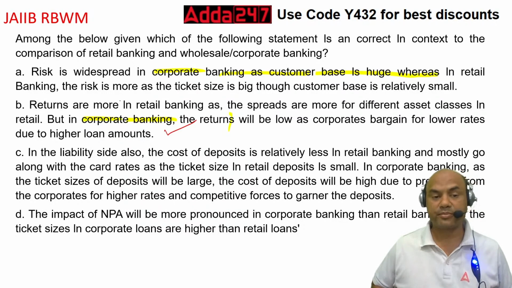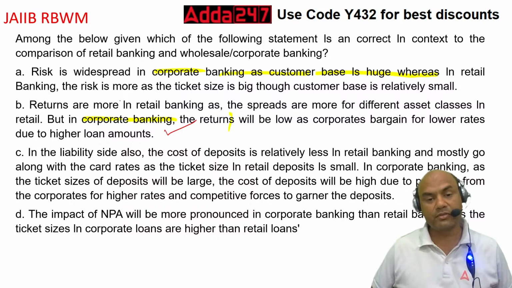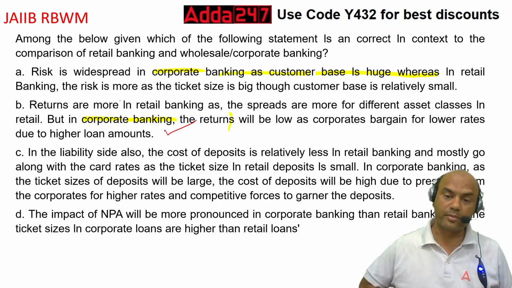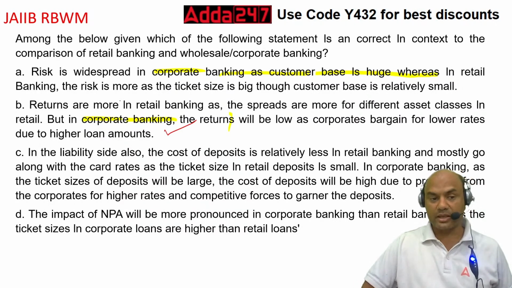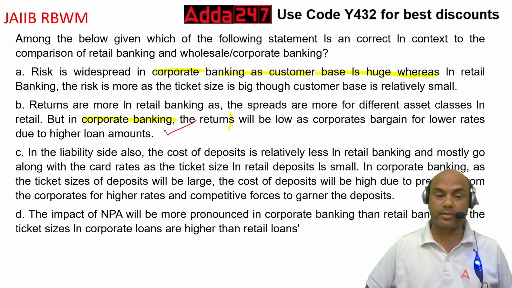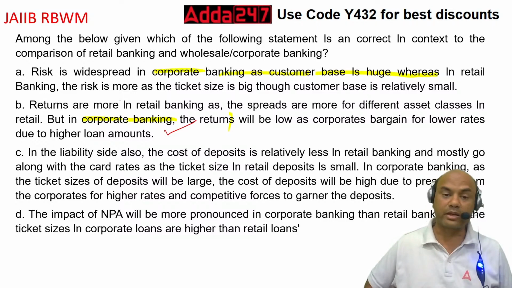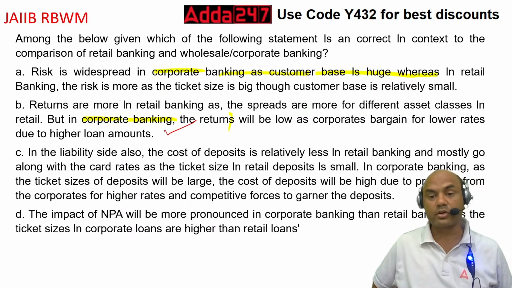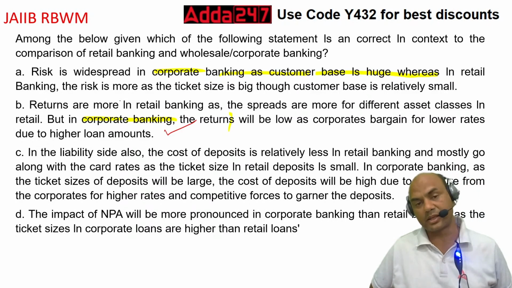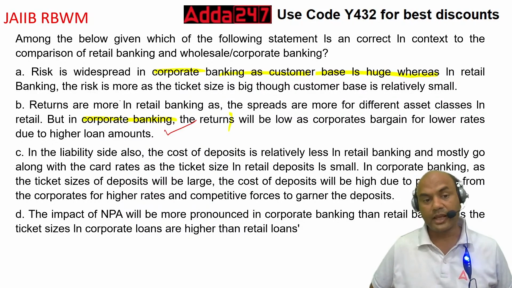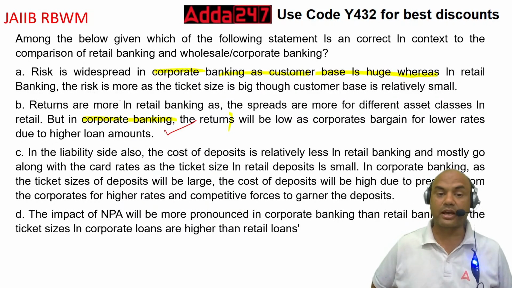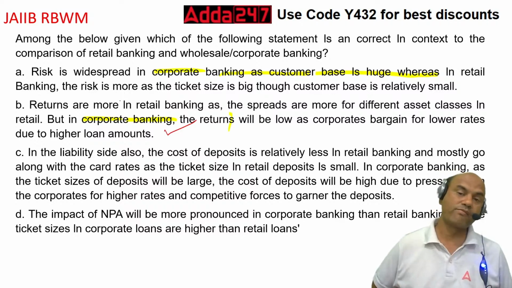What about D? The impact of NPA will be more pronounced in corporate banking than in retail banking, as the ticket size in corporate loans is higher than retail loans.